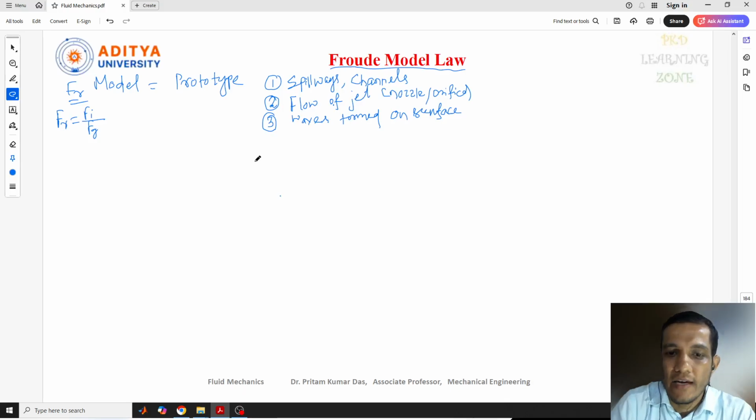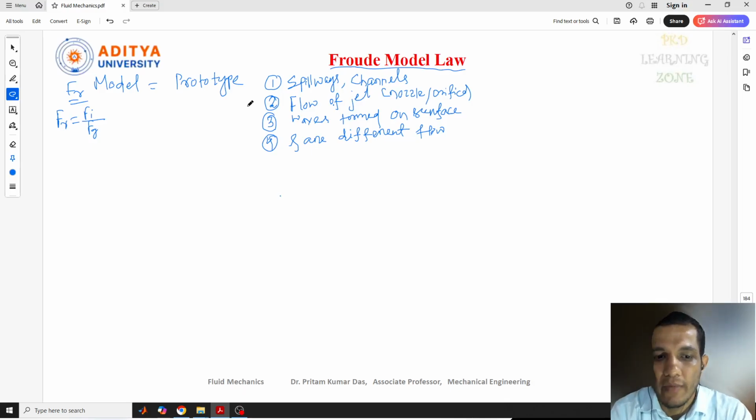And along with that we can also consider where fluids are of different densities, when densities are different, flowing one over another. So these are some applications of the Froude model law.